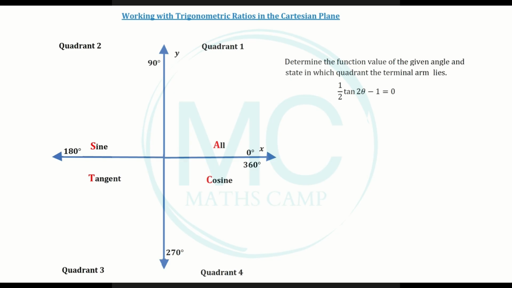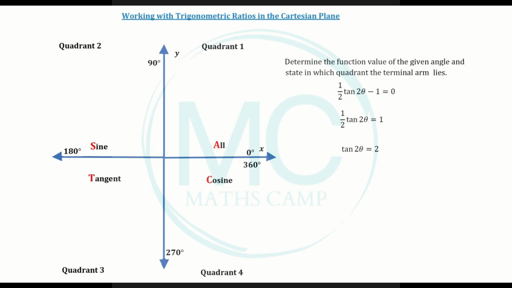Let's move 1 across, and we now have 1/2 tan 2 theta is equal to 1. Next, we need to get rid of the fraction 1/2. And we can do this by multiplying both sides by 2. And we end up with tan 2 theta is equal to 1 multiplied by 2, which is 2.